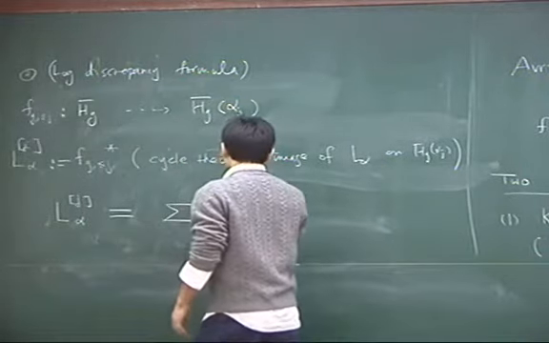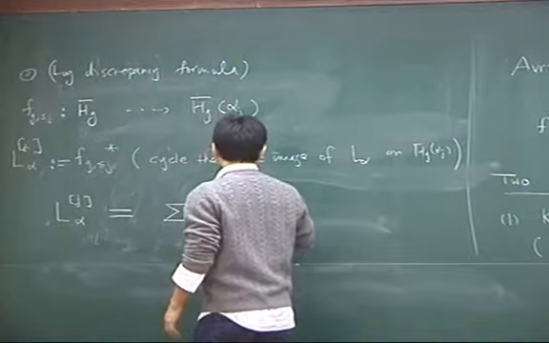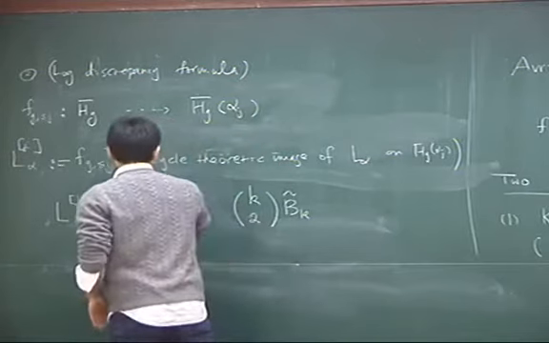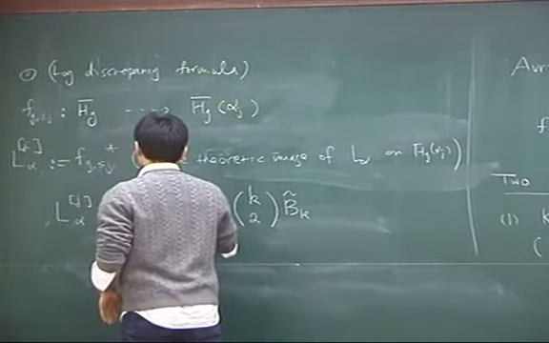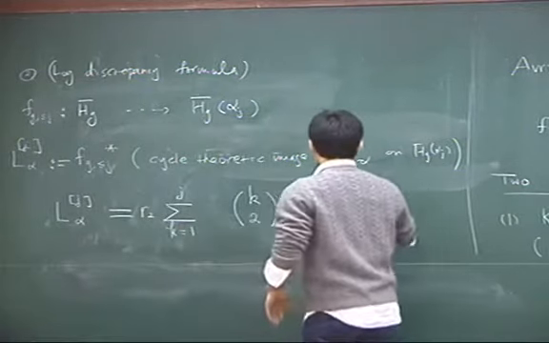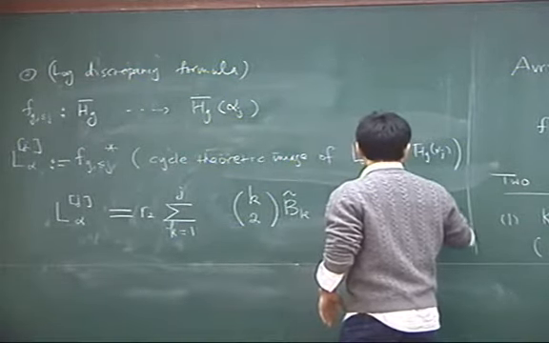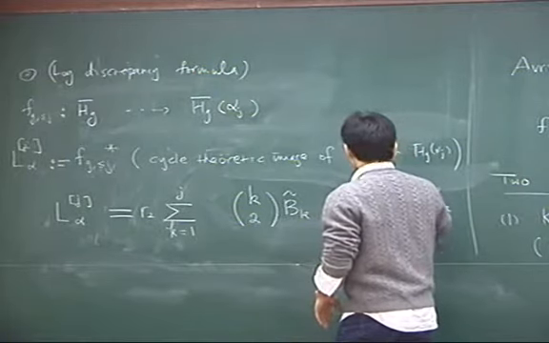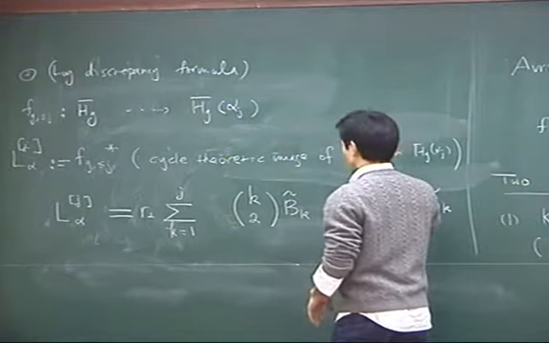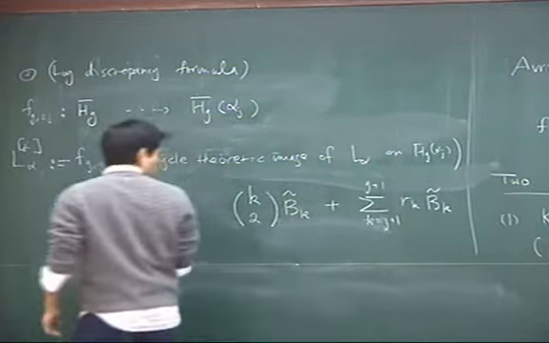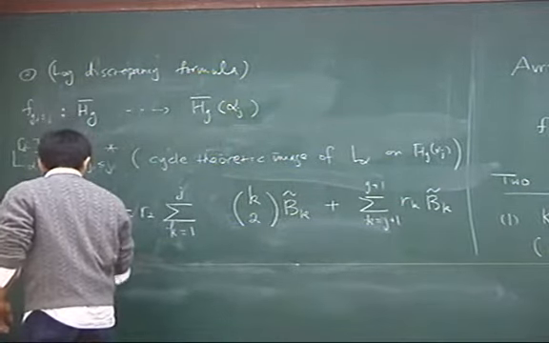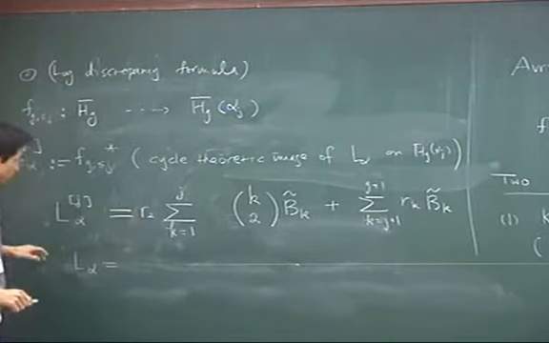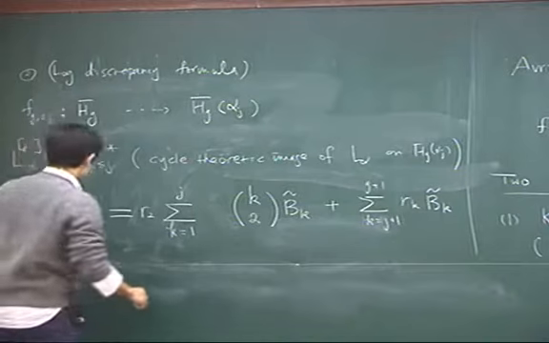R2, K choose 2, BK tilde. Let me flush out R2. K goes from 1 to J, plus the rest of the stuff, K goes from J plus 1 to G plus 1, where these R's are just the coefficients of the original divisor L alpha.